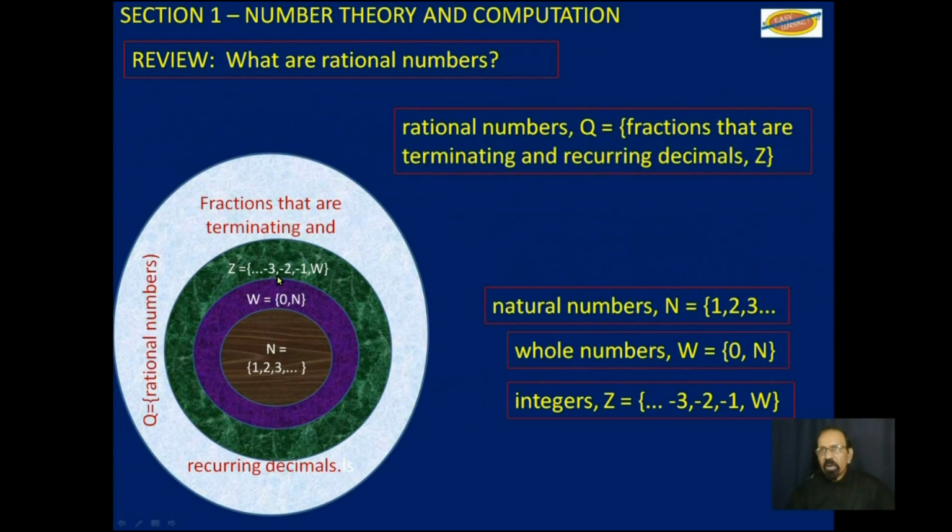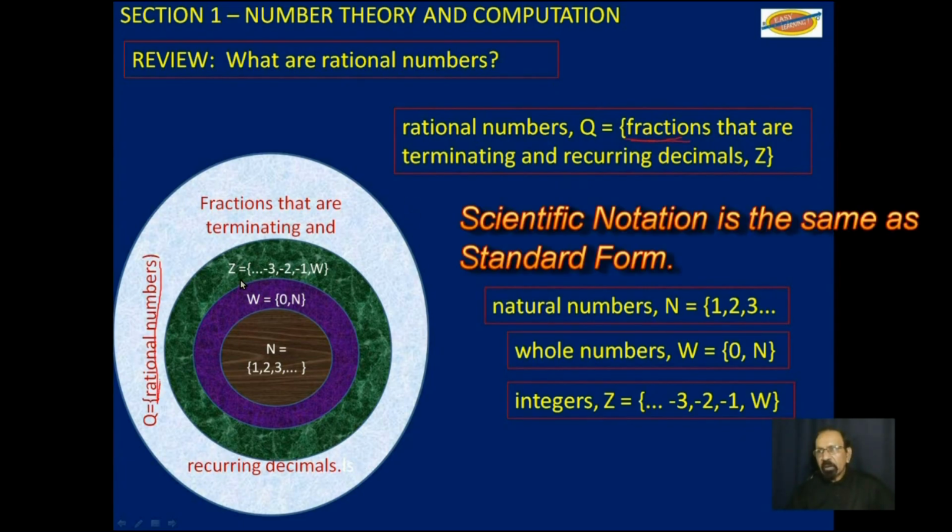And then you have the rational numbers, which now include fractions. So any rational number, any number that can be located anywhere here, we should be able to express as scientific notation.